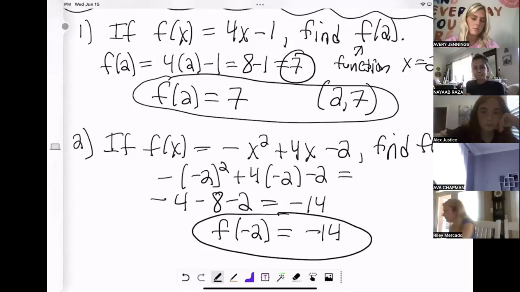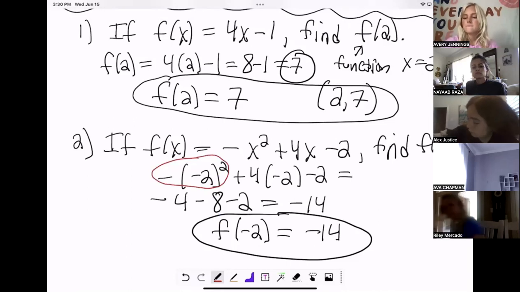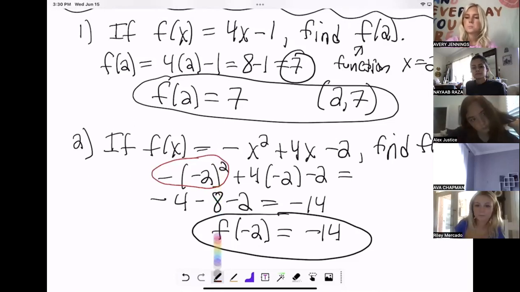Good. I think I got it. Excellent. I lost it because the two negatives was gonna equal a positive, right? For this part right here. Okay, so that's the one I want you to be careful of.